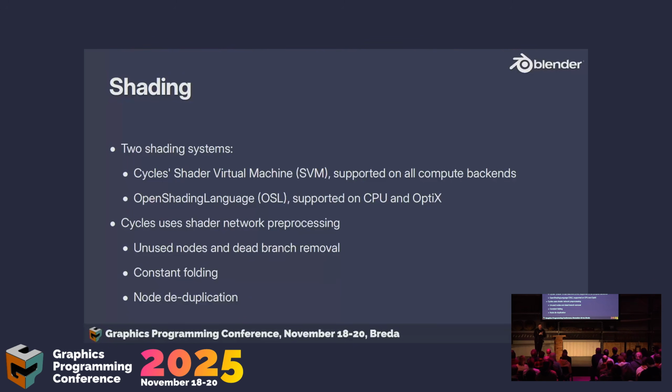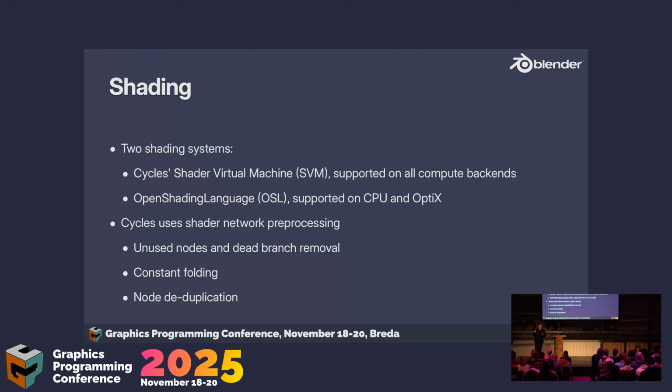And we also support Open Shading Language, which is currently only supported on CPU and OptiX, with some performance downsides, especially on OptiX, which we would like to work on, but so far it's a bit hard to prioritize. Regardless of the choice of the shading backend, Cycles will do some preprocessing on the graph level. So for example, it will remove the unused nodes, or remove the dead branches.